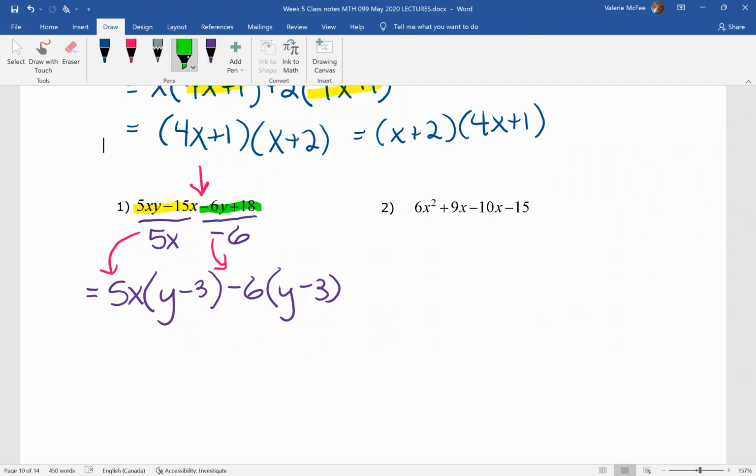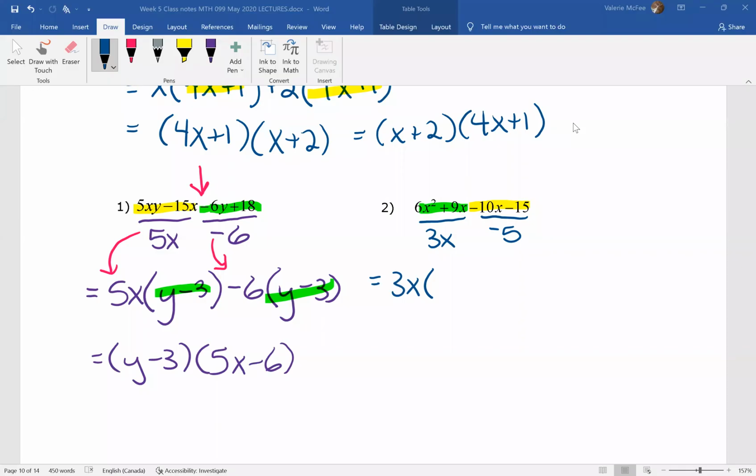Now we see that y minus 3 is common, and we're multiplying it by the quotient 5x minus 6. Pause your video, try the next one.